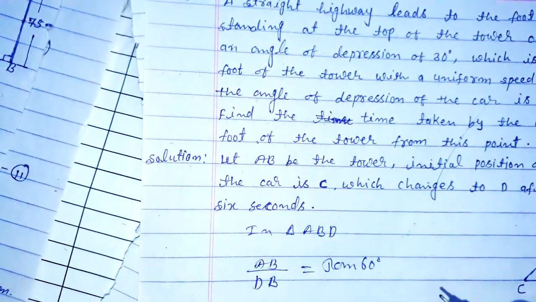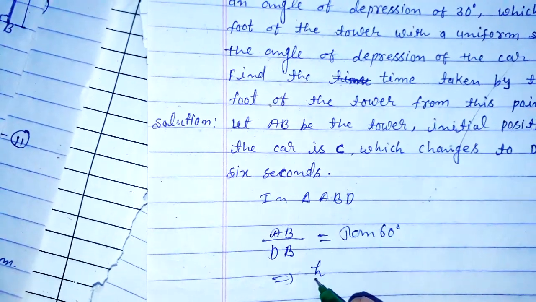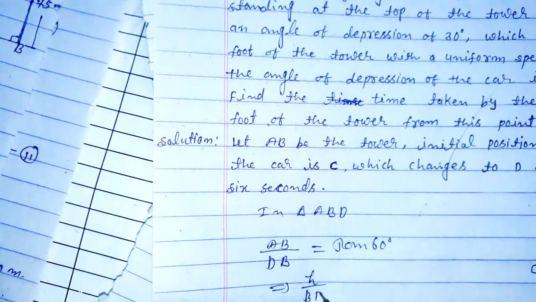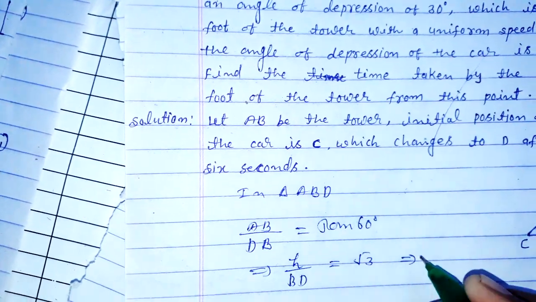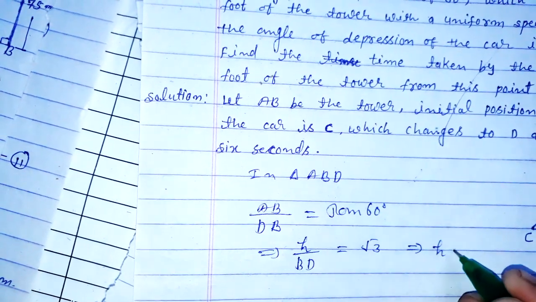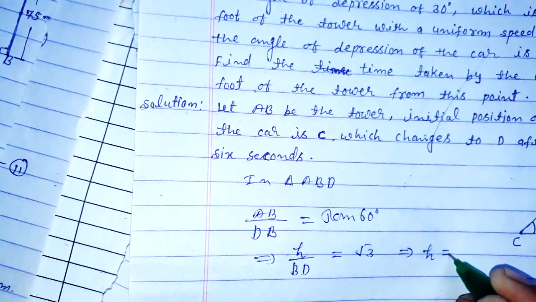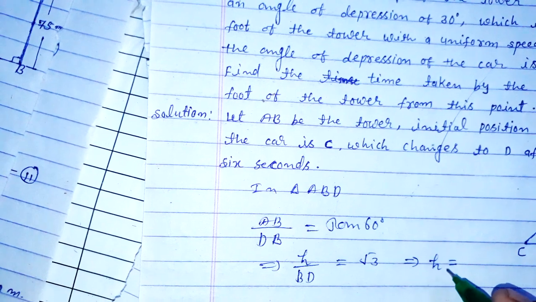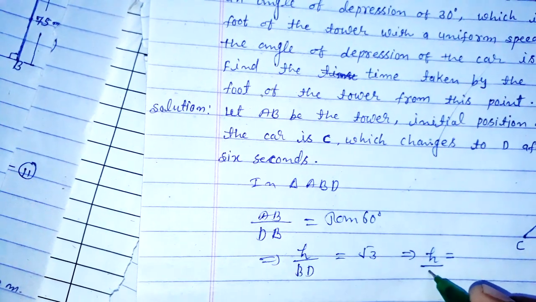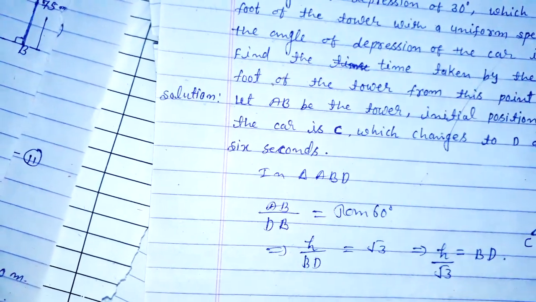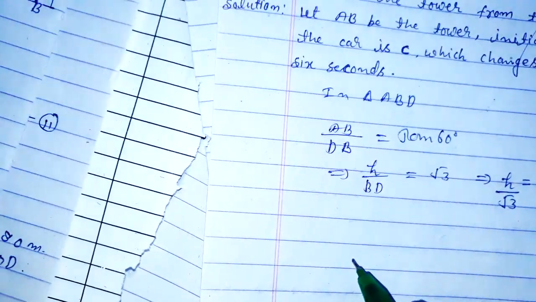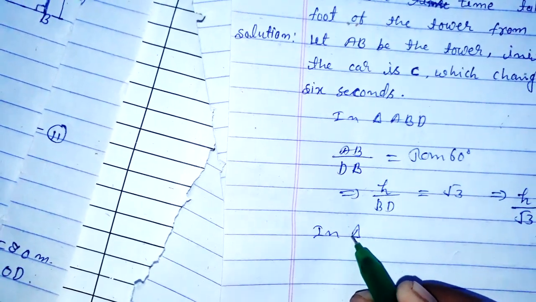What is AB? Let AB be H. So H upon root 3 is equal to BD. This is the first equation.